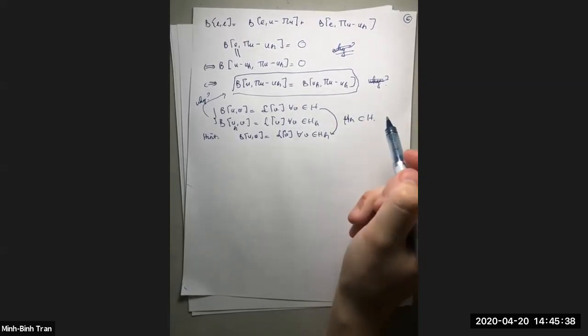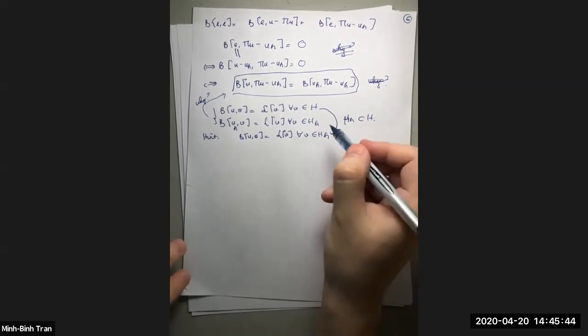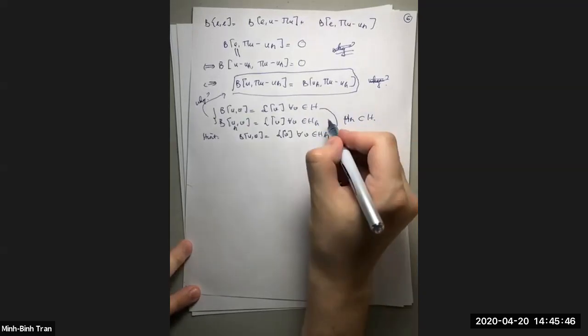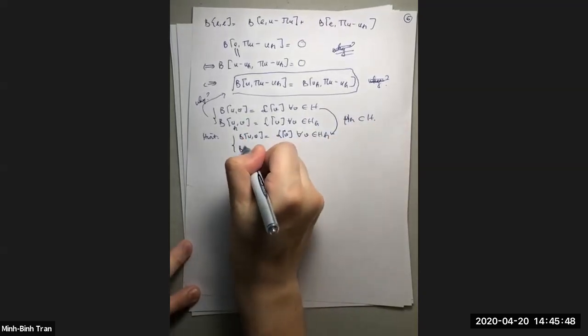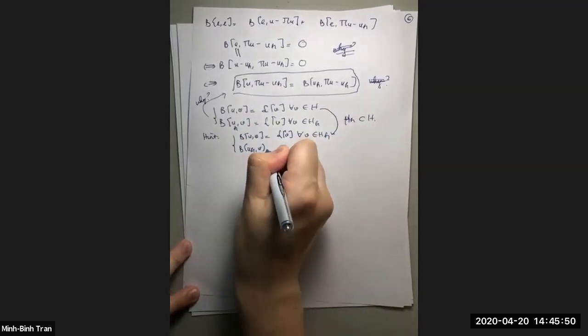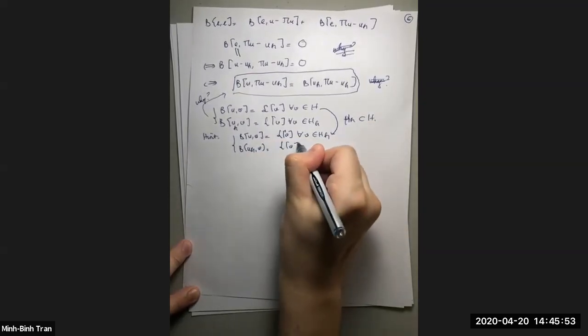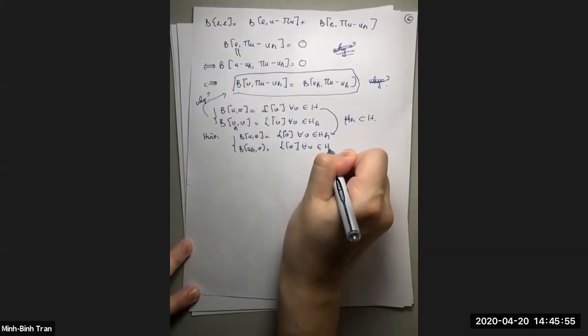Because H_h is a subspace of big H, right?